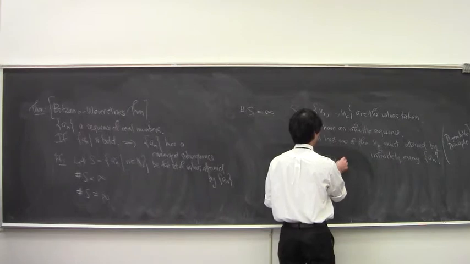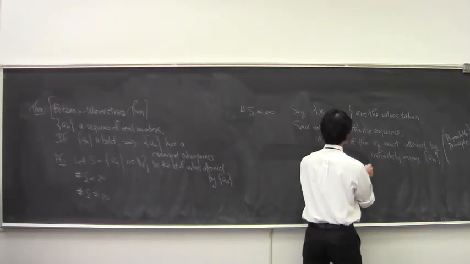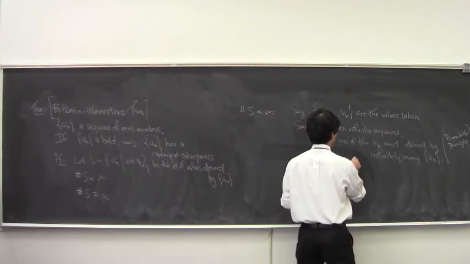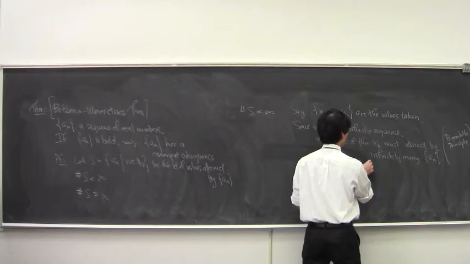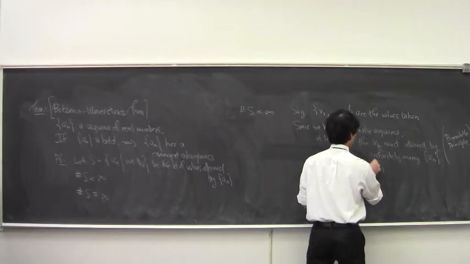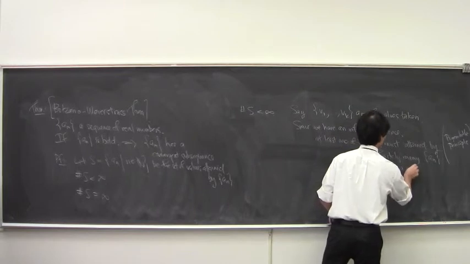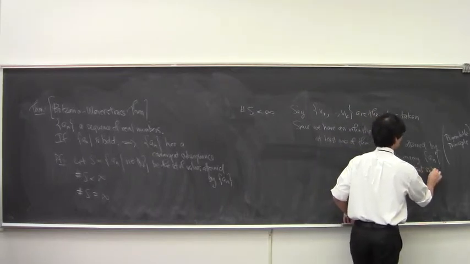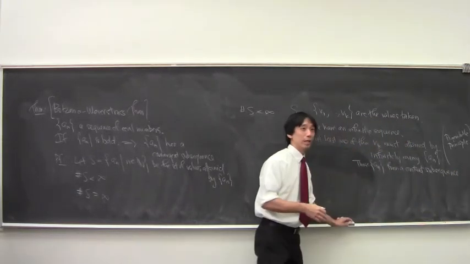Take those a sub n that form a constant subsequence. A subsequence where all the values are the same.